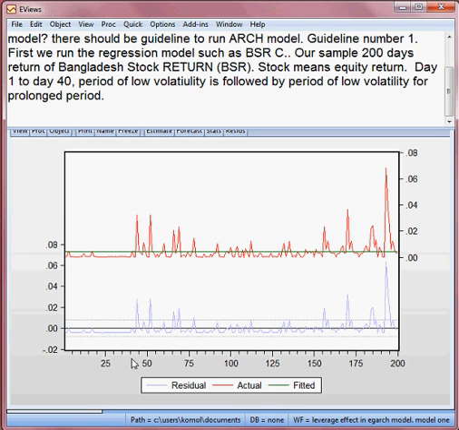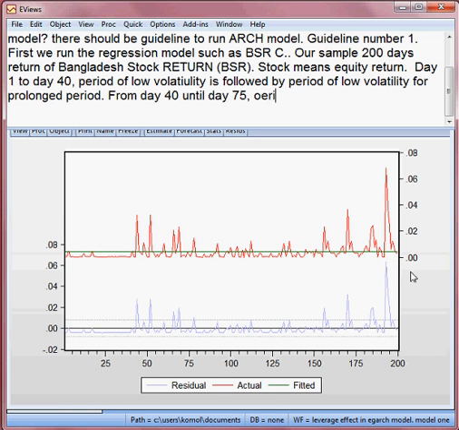Again, from day 40 until day 75, what is happening here?